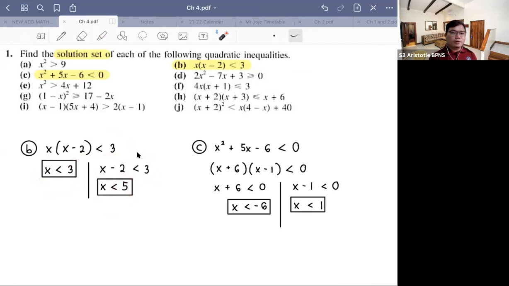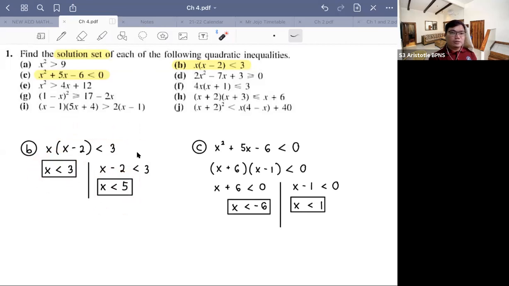All right, so these are your answers for letter B. For letter B, you don't have to expand this like x squared minus 2x minus 3, because it will just go back to these answers. All right, so that's letter B.